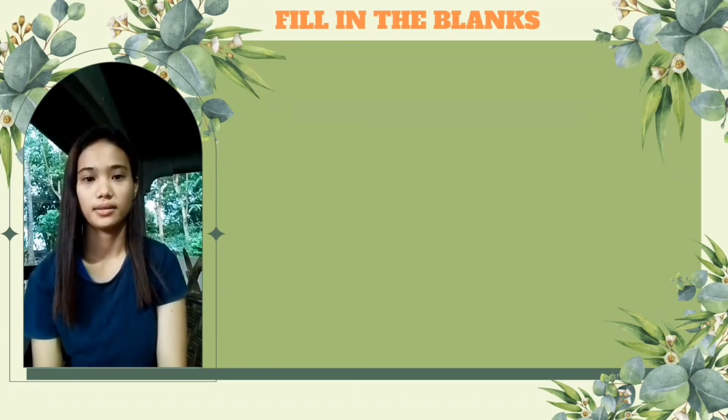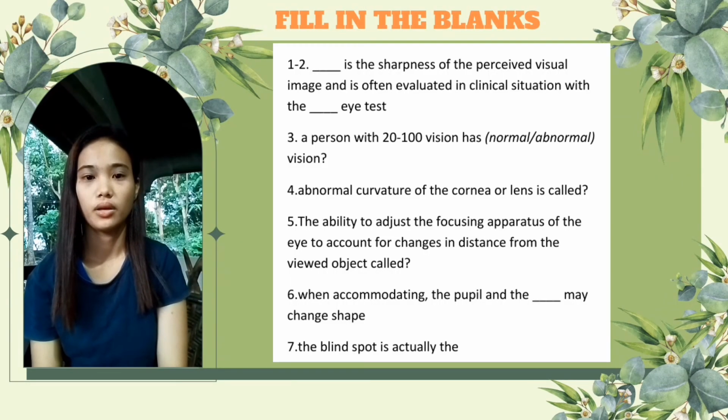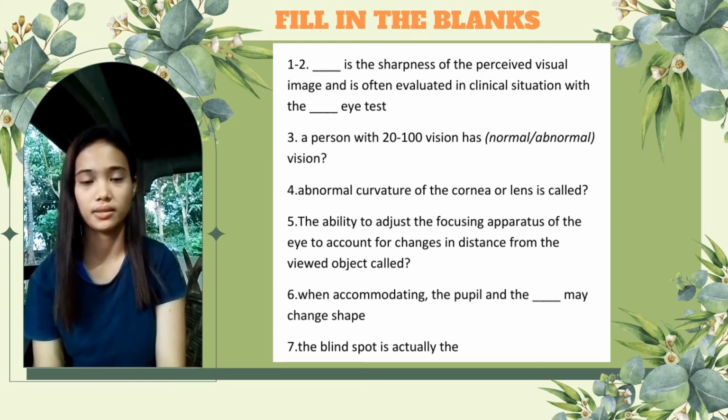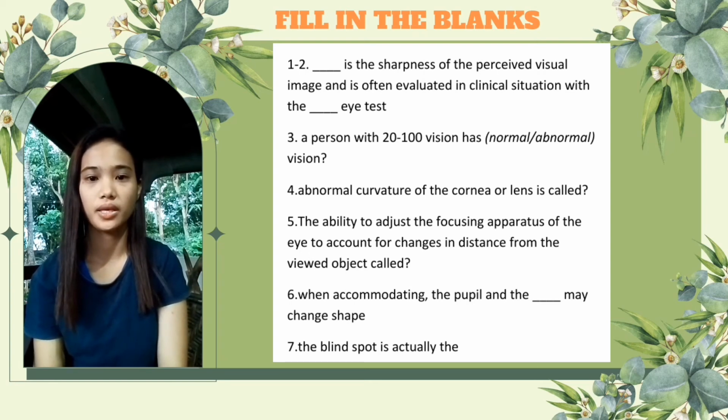Fill in the blanks. Number 1 and 2: Blank is the sharpness of the perceived visual image and is often evaluated in clinical situations with the blank eye test. The answer is acuity and Snellen. Number 3: A person with 20/20 vision has normal or abnormal vision? The answer is normal. Number 4: Abnormal curvature of the cornea or lens is called? The answer is astigmatism.